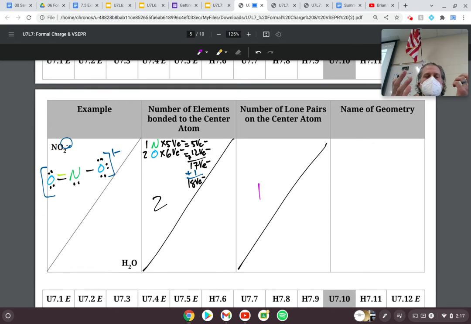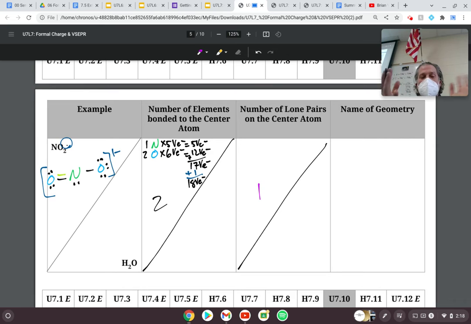And then why would it be 2 bonds for nitrogen when you had to do another bond for the oxygen on the left side? Wouldn't that be 3 then? So remember we talked, there's a couple of different ways this structure could be drawn. And we're doing the one that is the best resonance structure. So in theory, you could have a double bond to both oxygens.